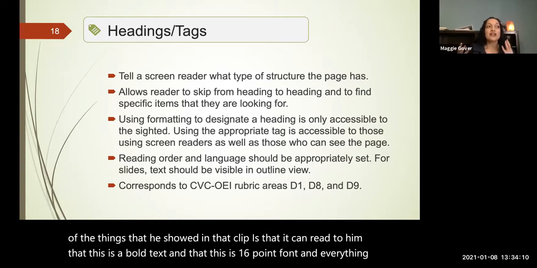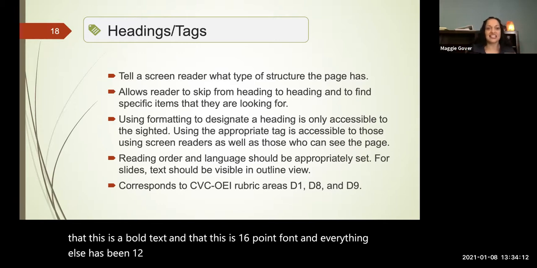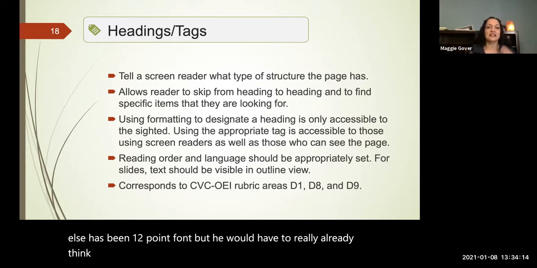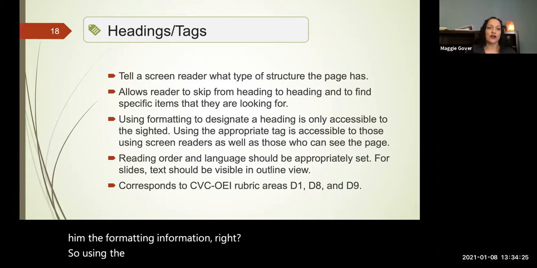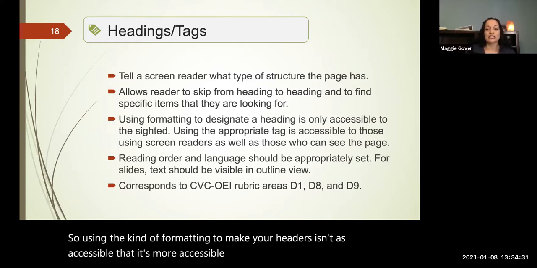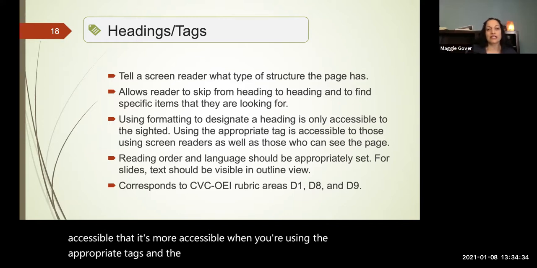But he would have to really already think that it's a header and then ask the computer to tell him the formatting information, right? So using formatting to make your headers isn't as accessible. It's more accessible when you're using the appropriate tags and the appropriate styles, because the screen reader can see those, right?